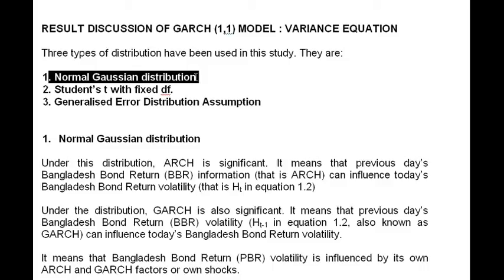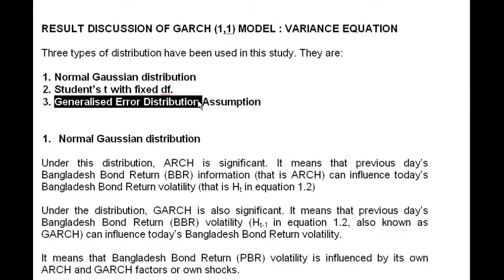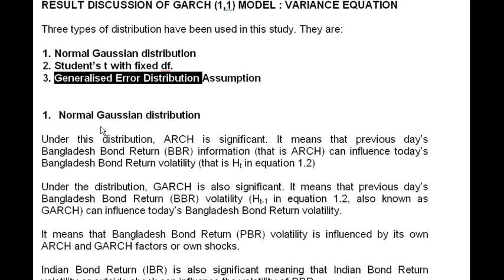They are the normal Gaussian distribution, Student's t with fixed DF, and the general error distribution, that is called GED. So we have used these three distributions in estimating the GARCH 1.1 model. And what is the result we have got?